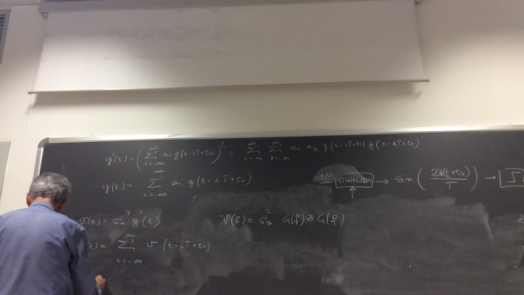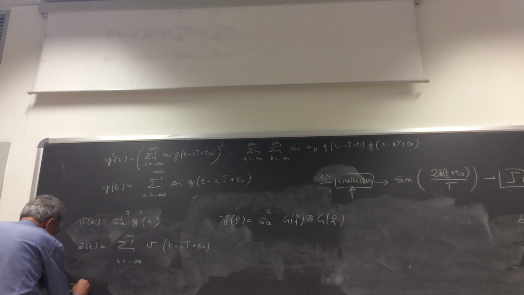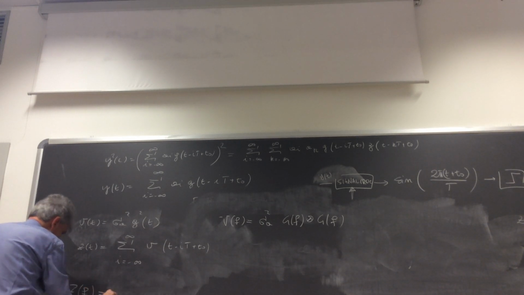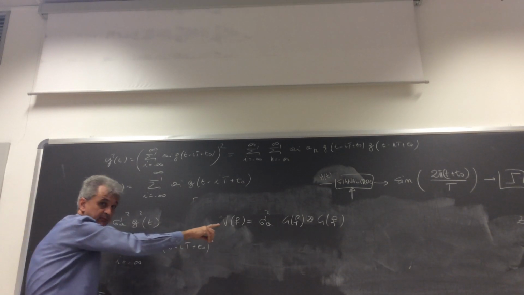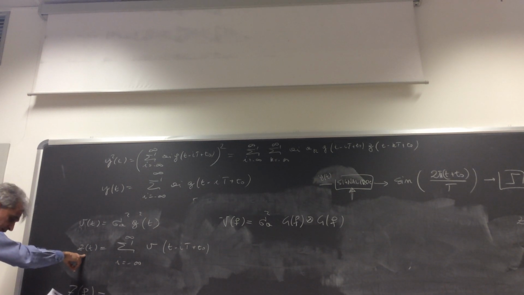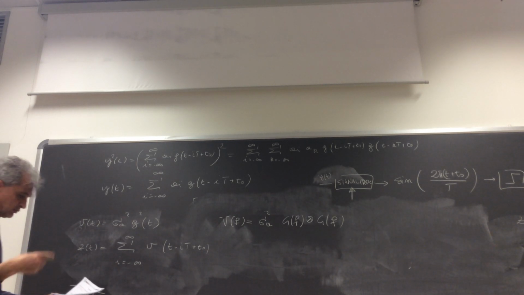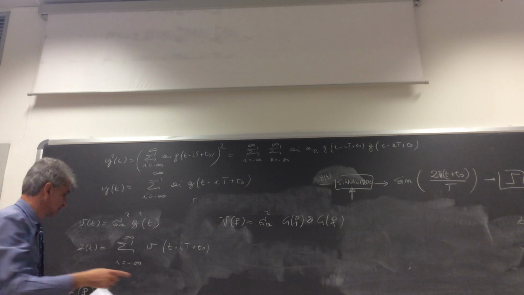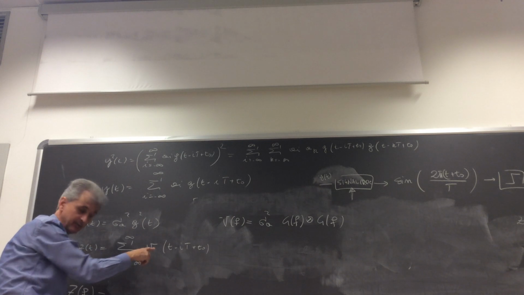Now the Fourier series of Z, so this is the basic impulse, and this is the repetition. To get the spectrum of the repetition, simply it is enough to sample the Fourier transform of the basic impulse. Do you remember this?